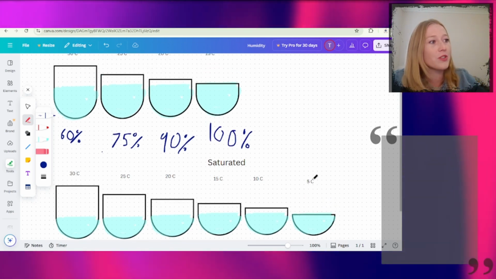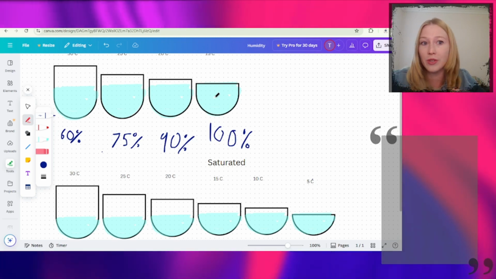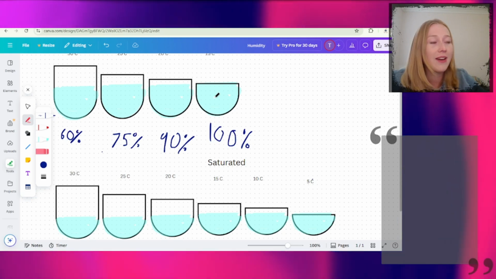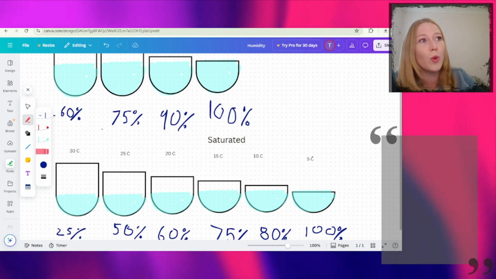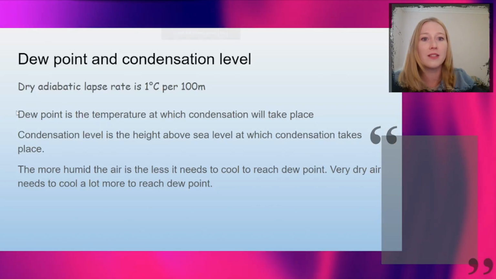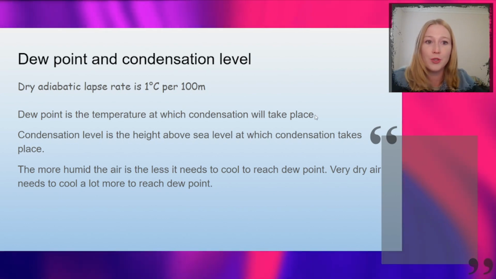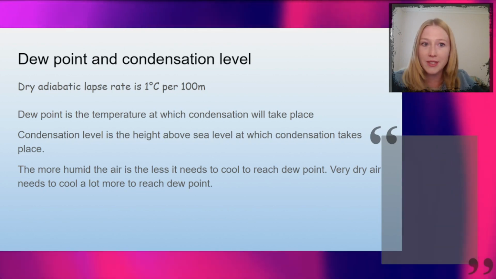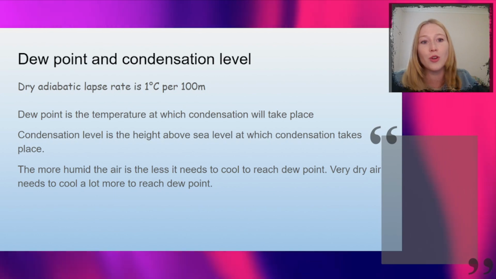These temperatures where the air reaches saturation, where it reaches 100% humidity, it always changes and it has a name. So that temperature we call dew point temperature. That's this, dew point temperature. So dew point temperature is where the air is completely saturated, it's 100% humidity, and it will start to condense.